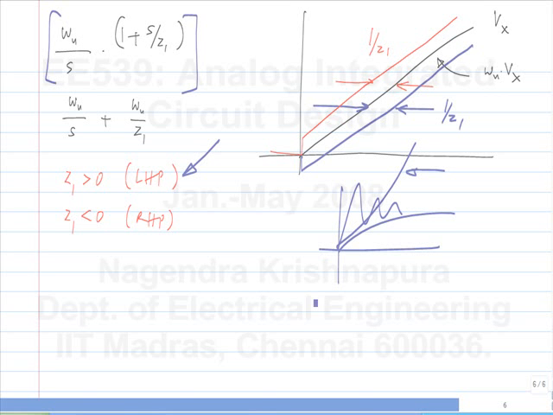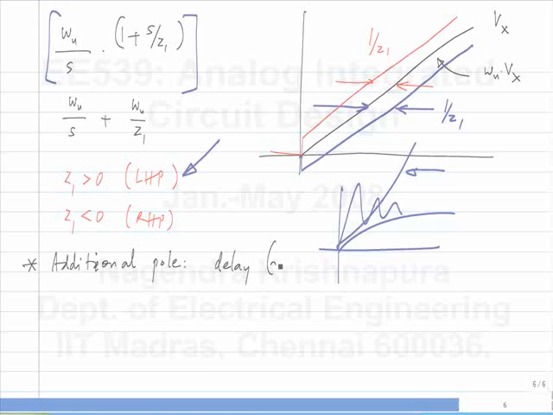Okay, so to summarize, an additional pole causes a delay, and the amount of delay is approximately 1 by P2. I say approximately because it's not like the curve is uniformly delayed. In the initial part, it is some exponential, but in the long term, it looks like a delay.